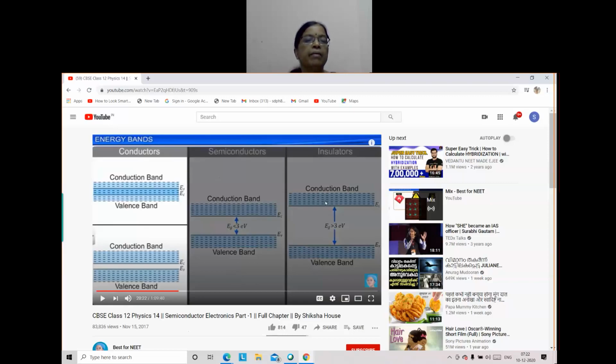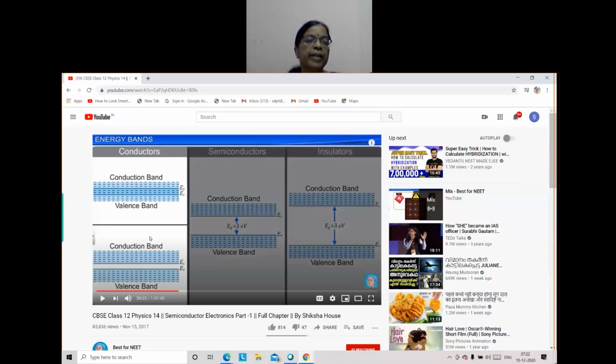And you have seen here, in the case of conductors or metals, what happened to these bands? They overlap each other. Conduction band and valence band overlap each other. So what happens? Electrons are available in the conduction band for conducting. So metals are good conductors of electricity because electrons are available in the conduction band.